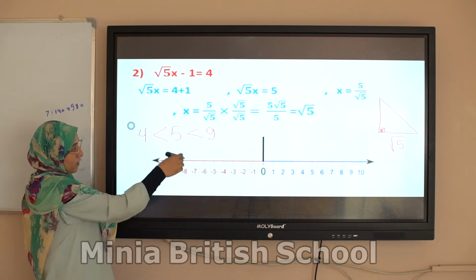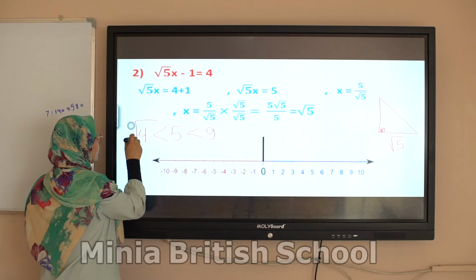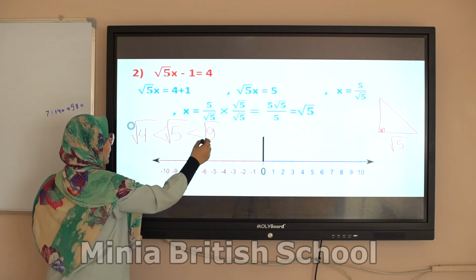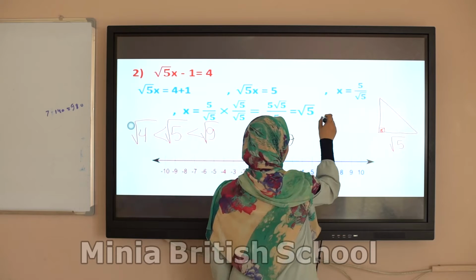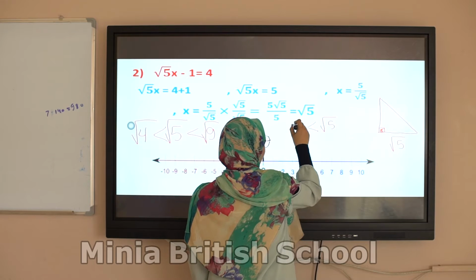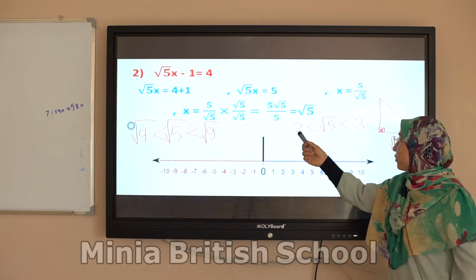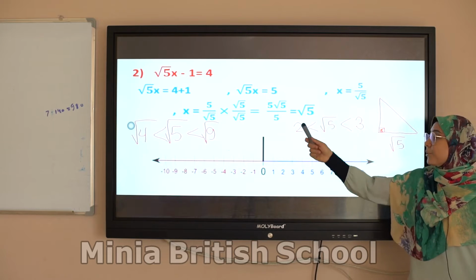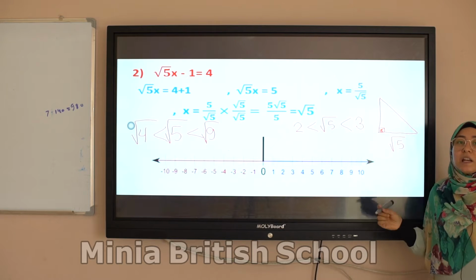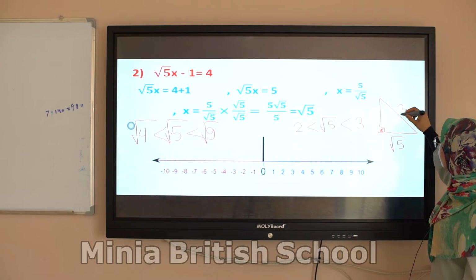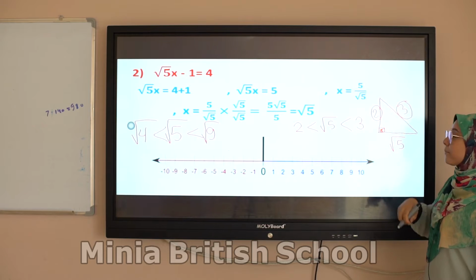So by taking the square root for all sides here, we get that root 5 is greater than 2 and less than 3, okay? Here, what is the greatest number: 2, root 5, or 3? 3. So 3 represents the hypotenuse and 2 the other leg, okay?